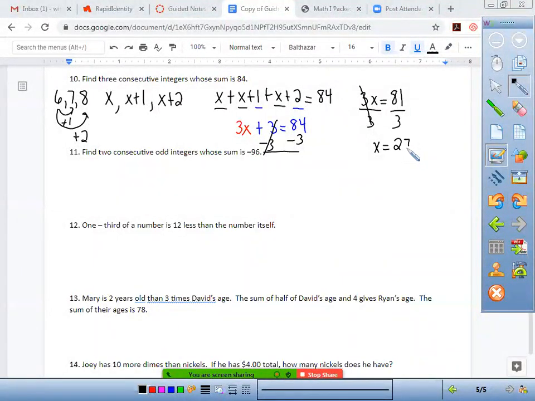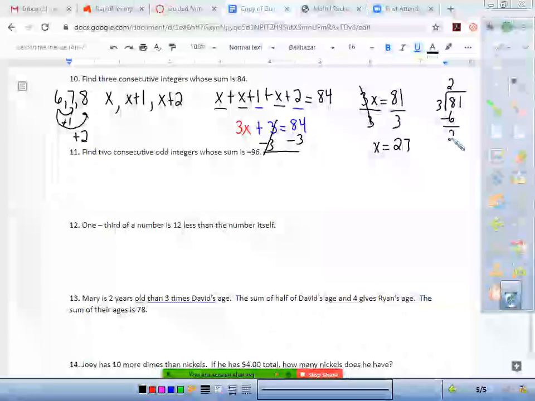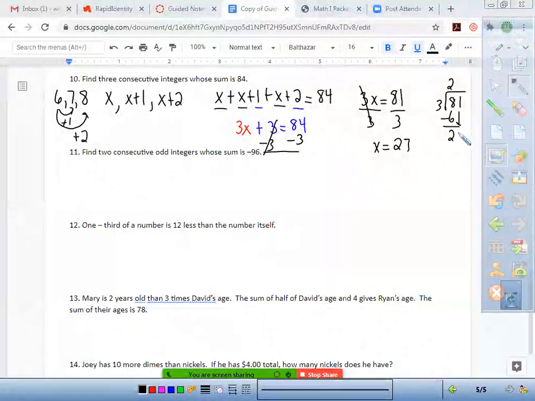Okay, yeah, that sounds better. Yep. Because you went 3 into 81. So 3 would go into 8 2 times, and that would give you 6. You'd subtract, you got 2 left over, bring down your 1. Yeah, 3 would go into 21 7 times. 27.